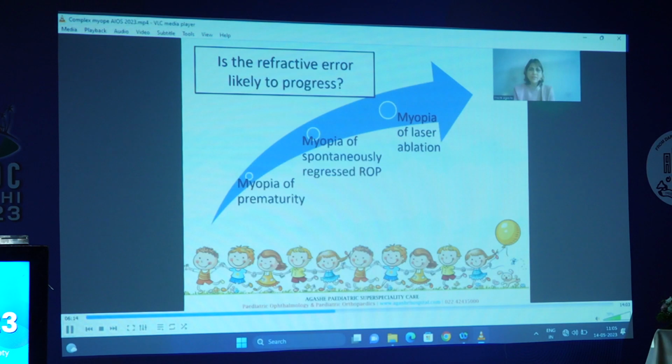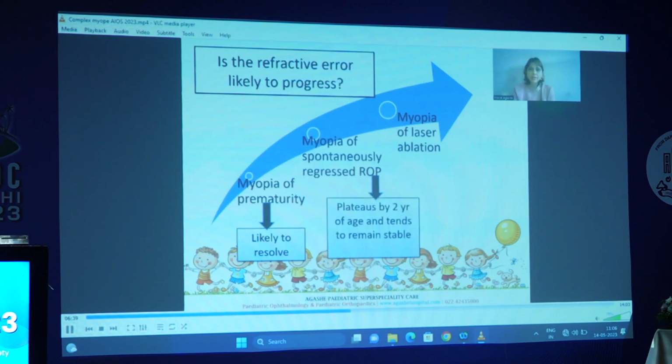So, is the refractive error likely to progress? Is the common question that pediatric ophthalmologists are going to get. So, myopia of prematurity is a spectrum as is shown here. So, it begins with myopia of prematurity, to myopia of spontaneously regressed ROP, and myopia of laser ablation. So, myopia of prematurity is likely to resolve by say around 8 months to 1 year of age.